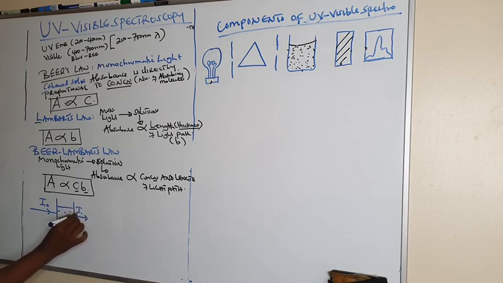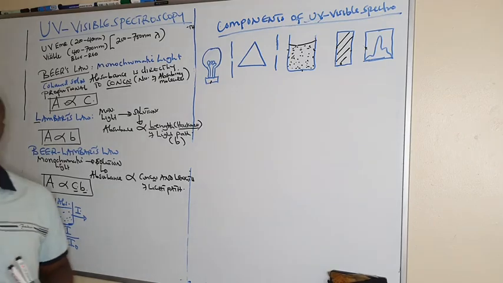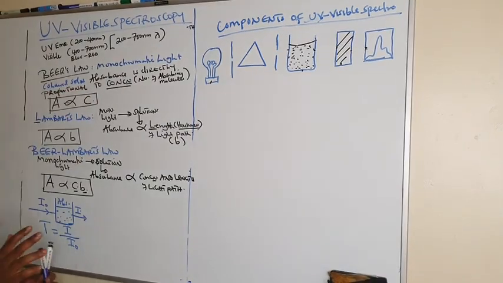The transmitted one is denoted as I. So to measure transmittance, you divide the transmitted light by the incident light. Transmittance is the ratio of the transmitted light to the incident light.